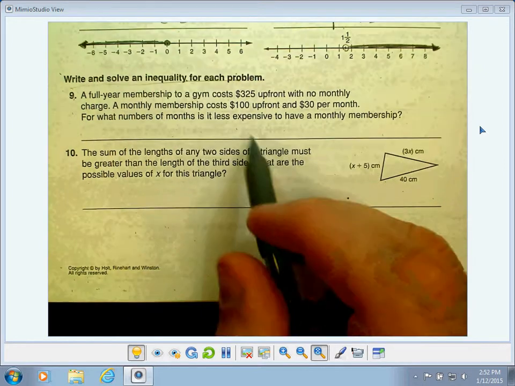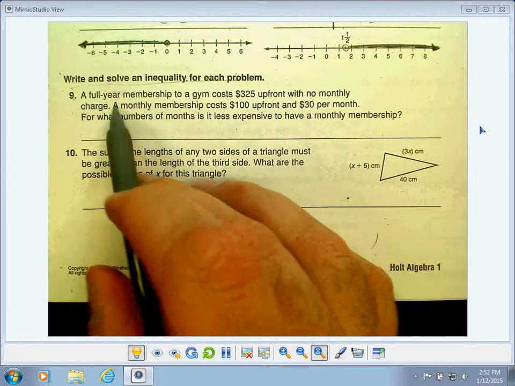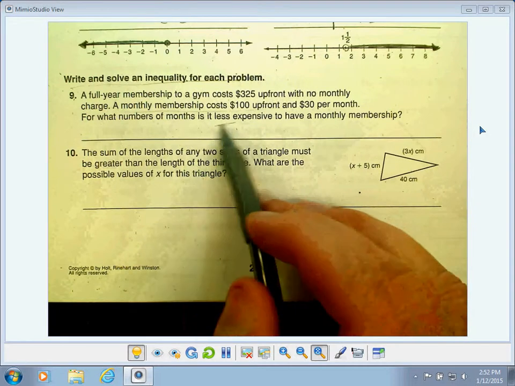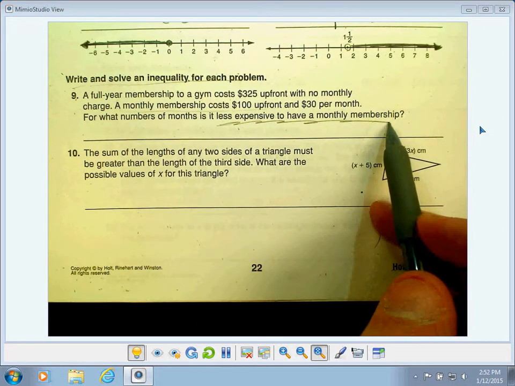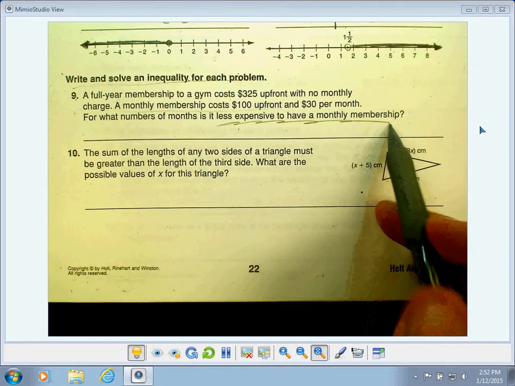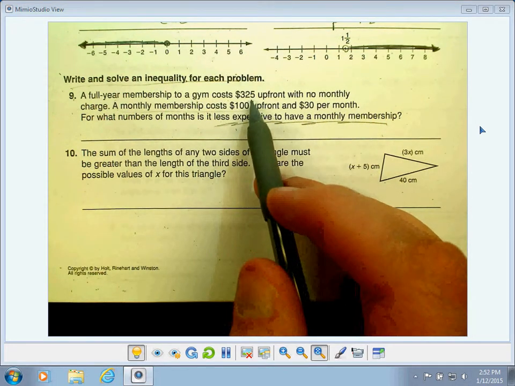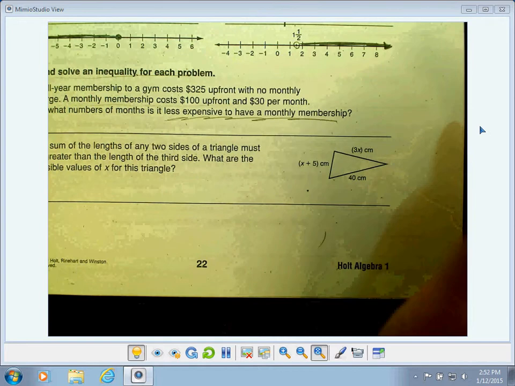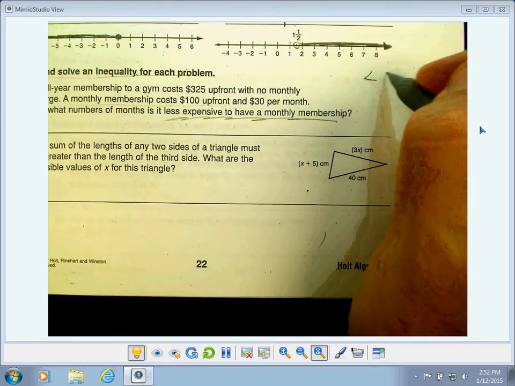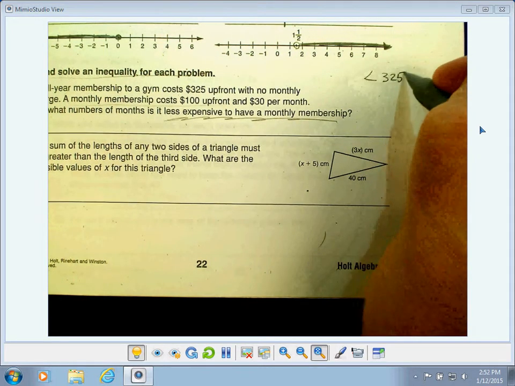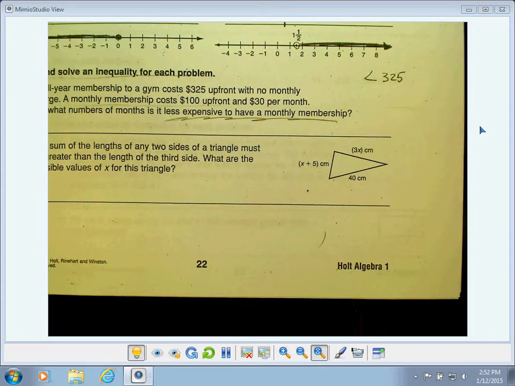Okay, so what I know is that the monthly membership, what I want to know is, when is it less expensive to have the monthly membership? Well, less expensive than the year membership. So the year membership is $325. So what I really want to know is, when is that monthly thing going to be less than $325? Now the only thing is, I need to write an expression for the month.